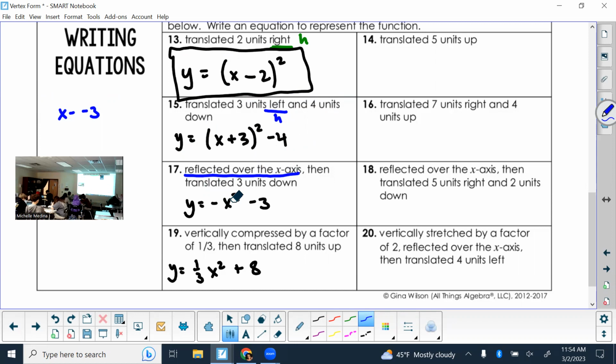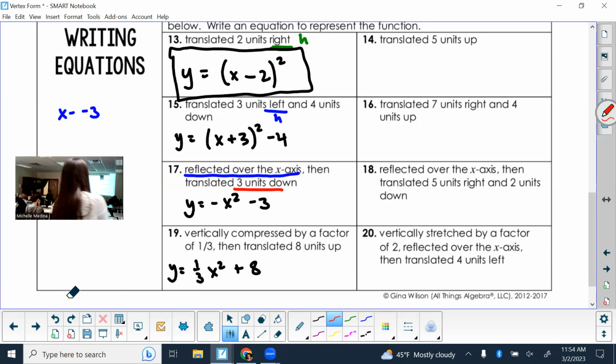Then it's translated down, and that's the K. That's always outside of the x squared. Notice this one doesn't have parentheses around the x because we don't really need to. There's no left or right movement, so it's just x squared like normal. Questions on that one?